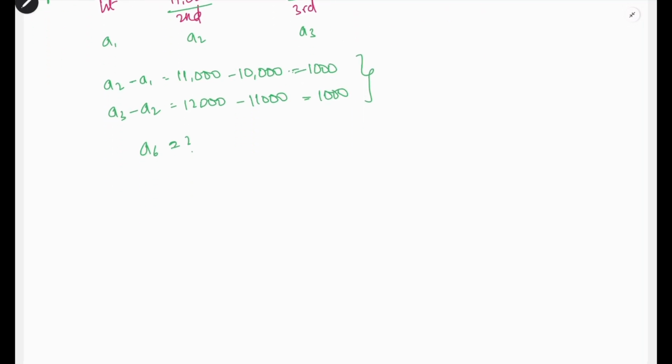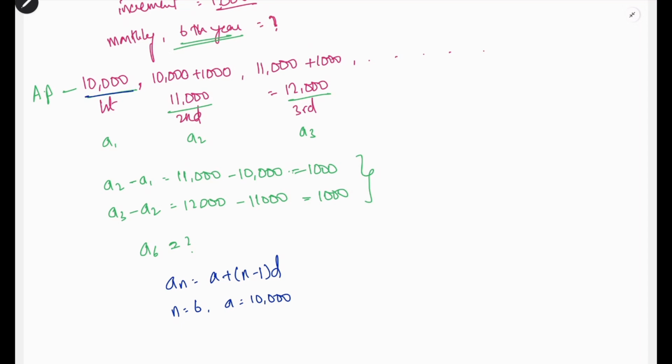Now we will substitute the values in the equation an equal to a plus n minus 1 into d. n is 6 here and a is the first term, 10,000, and the common difference d is 1,000.